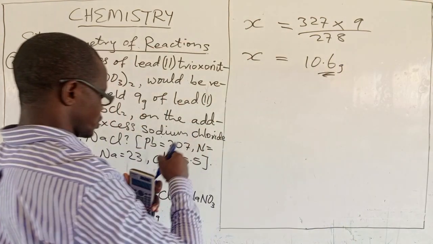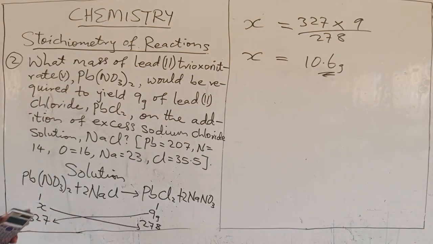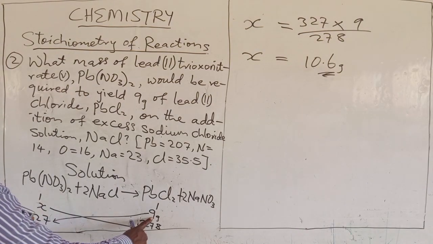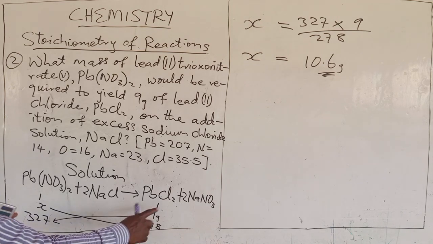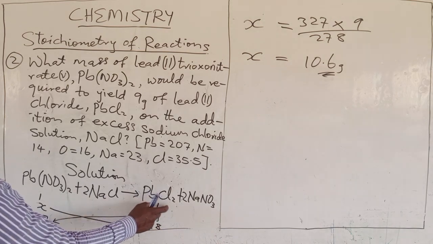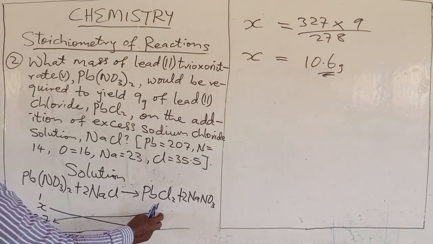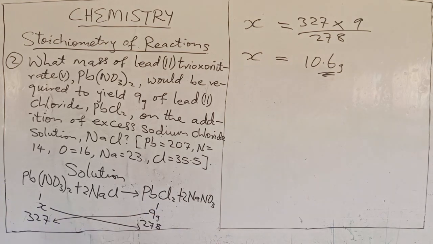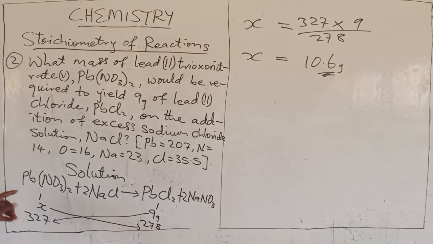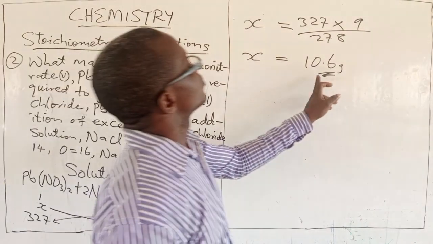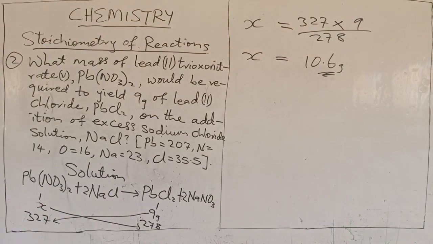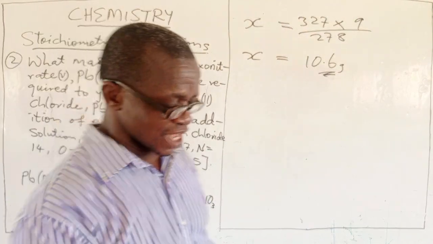So if you use 10.6 gram here and then react with this substance, exactly 9 gram is what you get. Or if you take 9 gram of this, what you get is 10.6 of this other one. So that's the answer to that question.